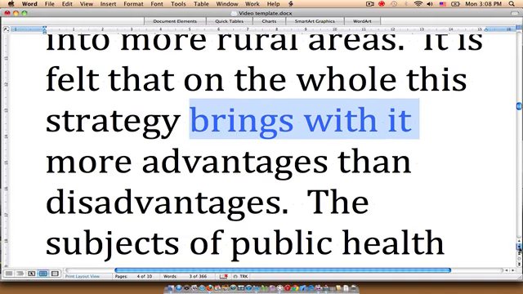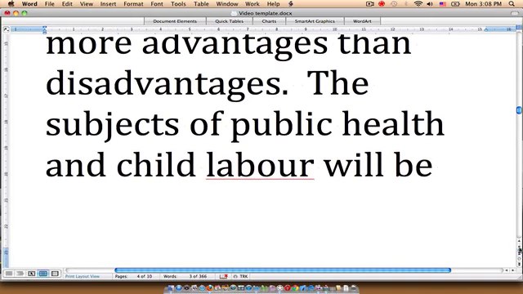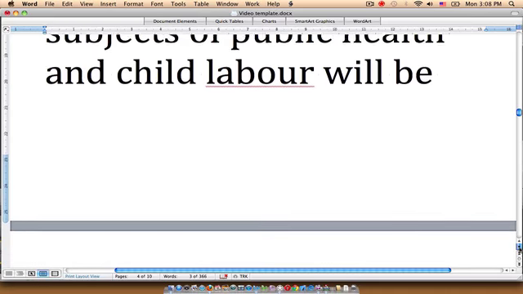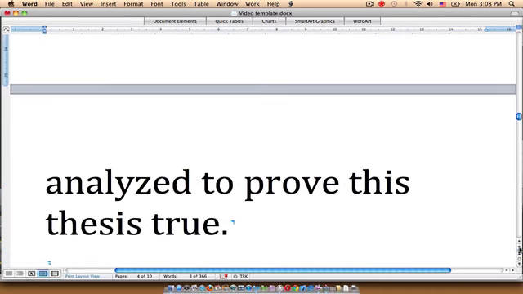Okay, let's continue. The subjects of public health and child labor will be analyzed to prove this thesis true. Okay, so we know our first supporting paragraph is going to talk about health hazards that come along with a factory being located in a residentially dense area.